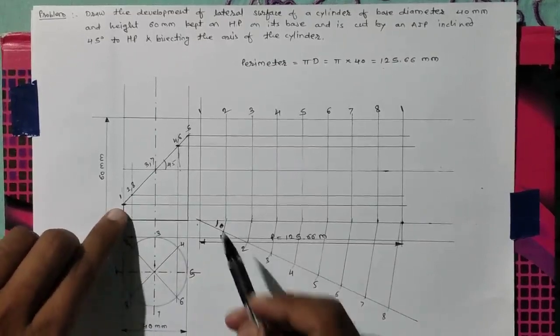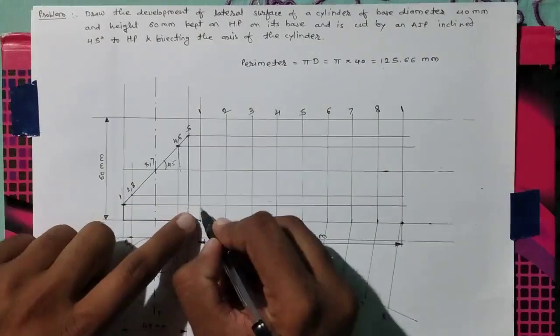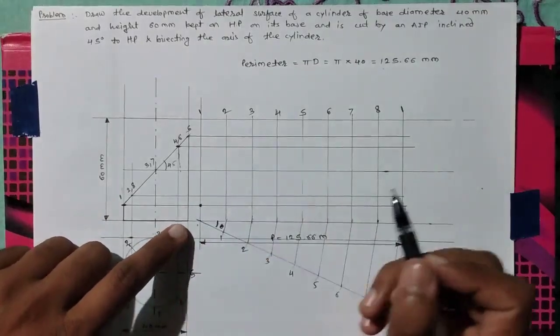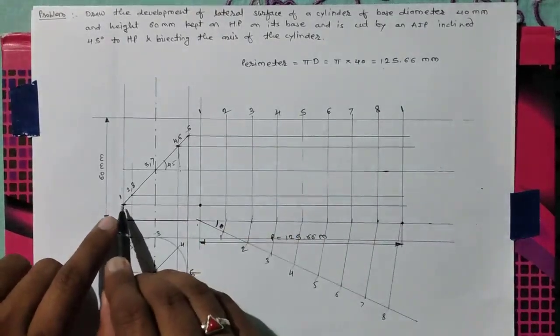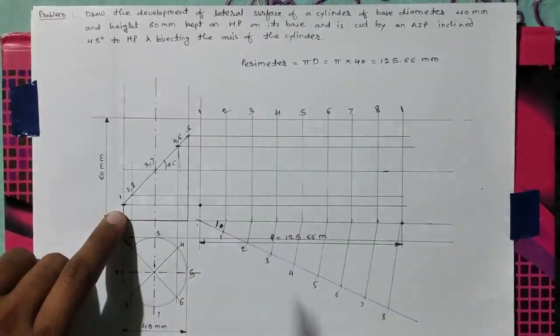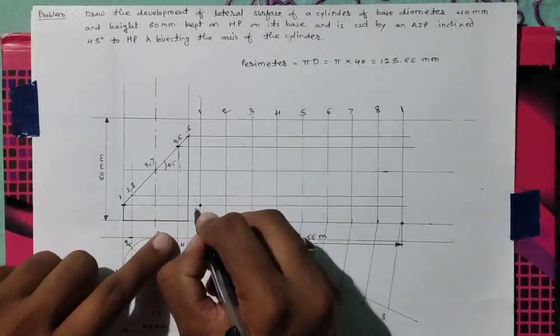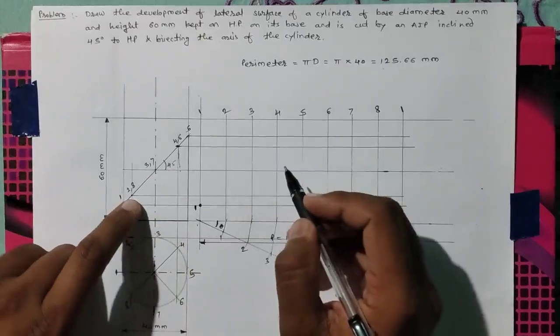This is point 1 over here, and this is point 1. When it intersects, point 1 from the front view and point 1 from this development of surface, we have to give the name as 1. After that, 2, 8.